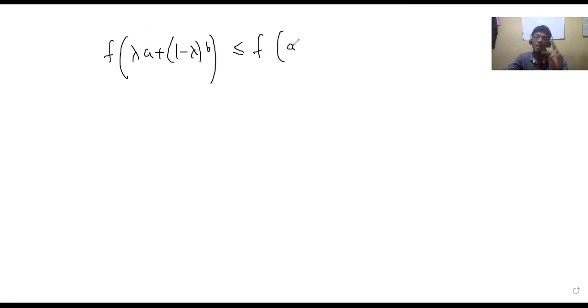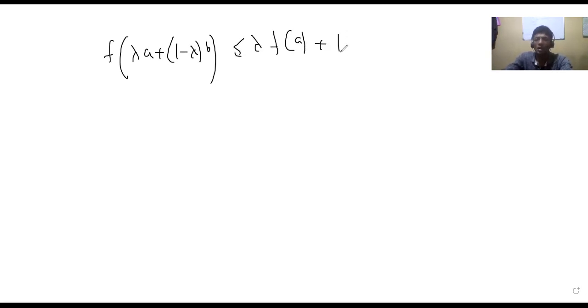The point is, if you want to show this for all A and B, it's not about A and B being dyadic. That is a misconception. It is the lambda. It is having control over the lambda. So you take limits.